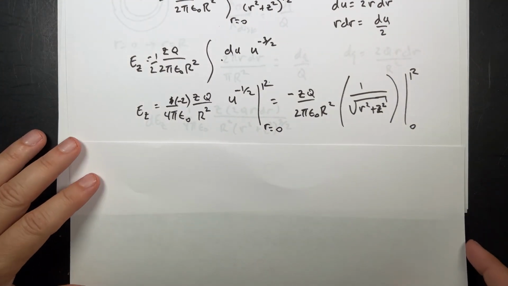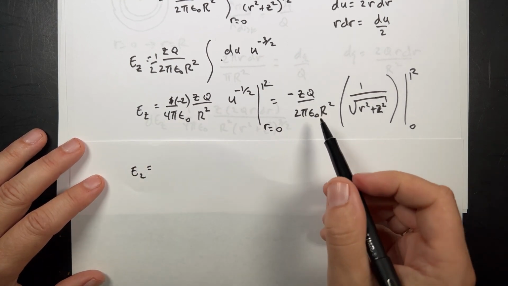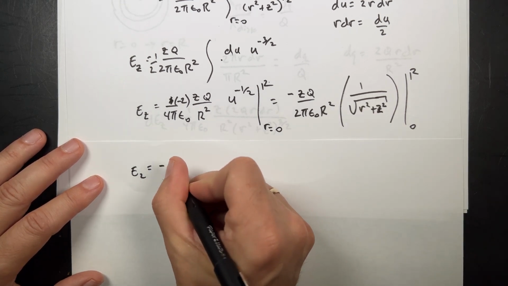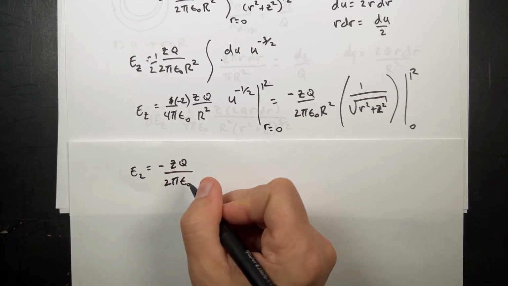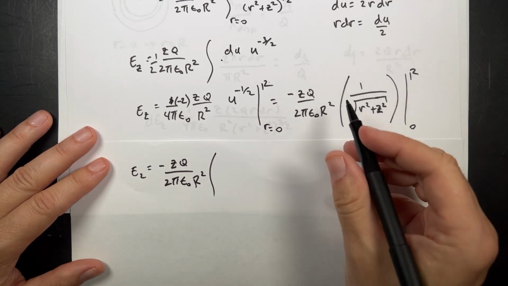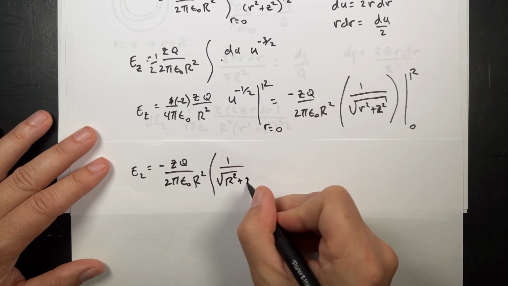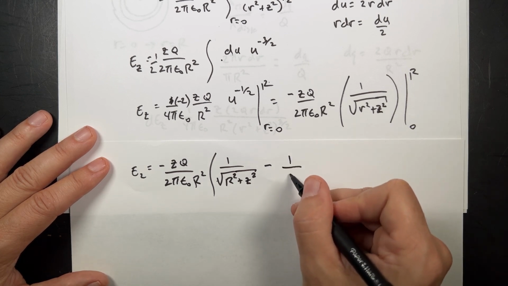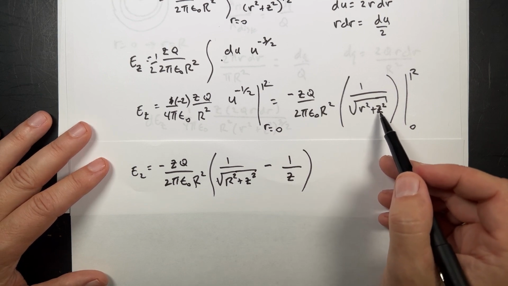Okay, so let's evaluate that. Ez equals this whole thing. I get negative zq over 2 pi epsilon naught r squared. Then I put in capital R here, so I get 1 over the square root of r squared plus z squared, minus 1 over z, right? Because when I put in r equals 0, I get the square root of z squared, which is z.